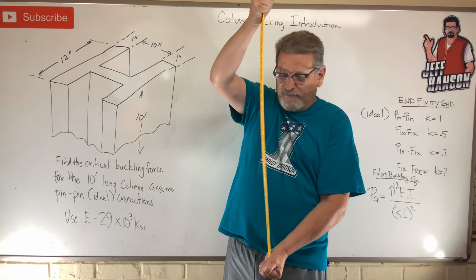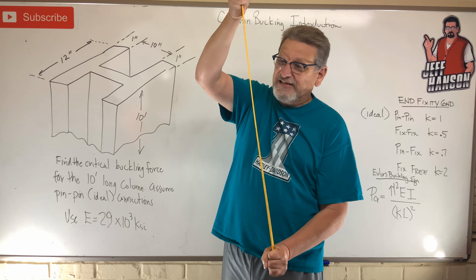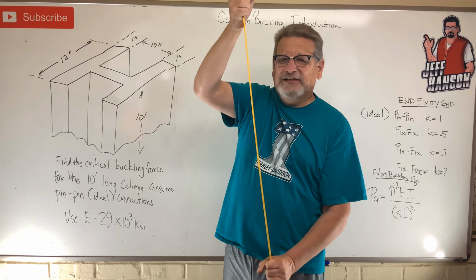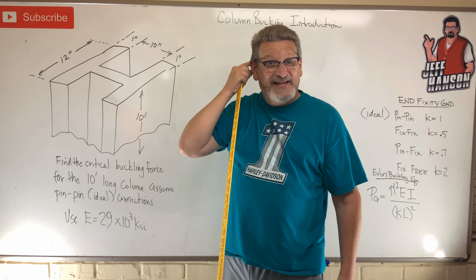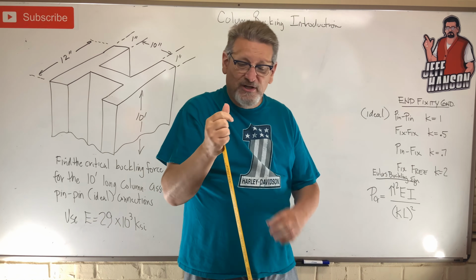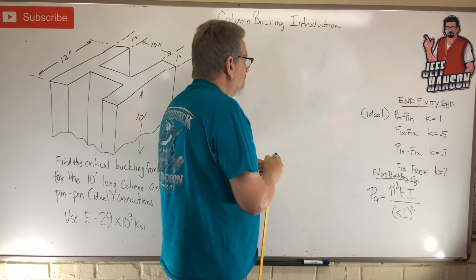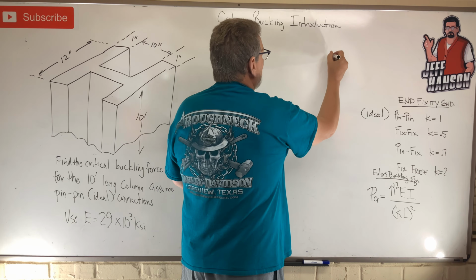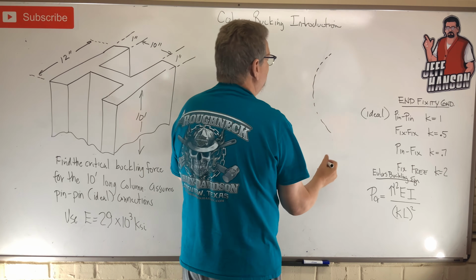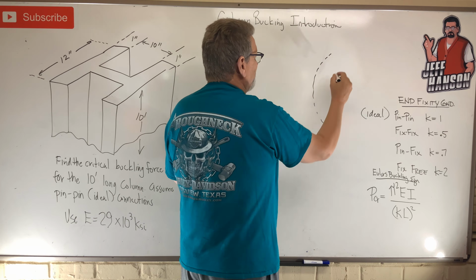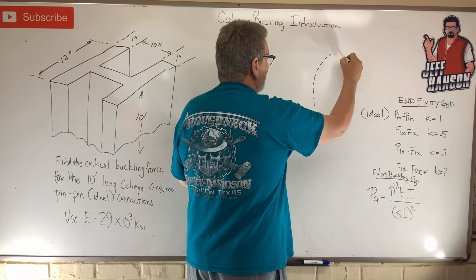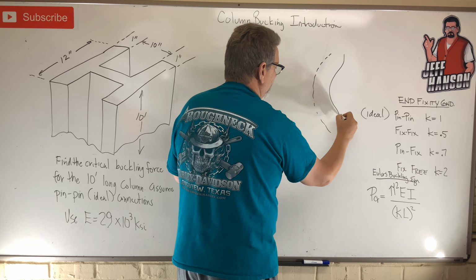Don't let the ends rotate. I can't do it. It takes a lot more force, because before, when this thing buckled like this, okay? But now with the ends fixed, it might buckle something like this.